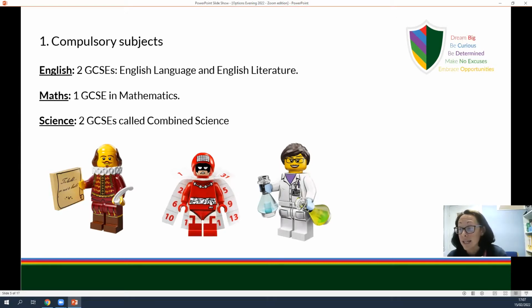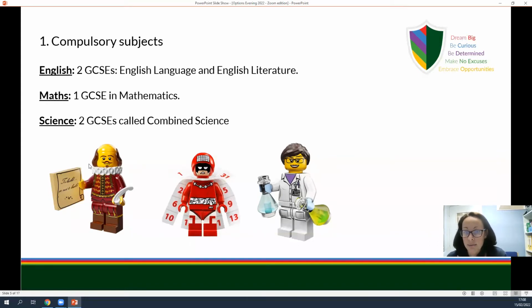And when it says English, there'll be parts of the course that are language driven, parts of the literature, but not necessarily divided out clearly in the timetable. It will just say English. There will be one maths GCSE, and then for science it will be a qualification called combined science. I'll talk about triple science in a moment, but this is the standard package for everybody.